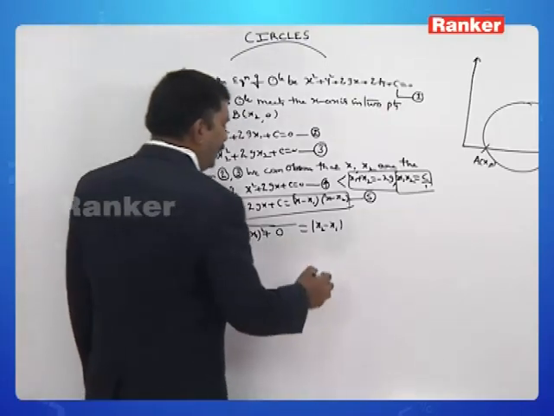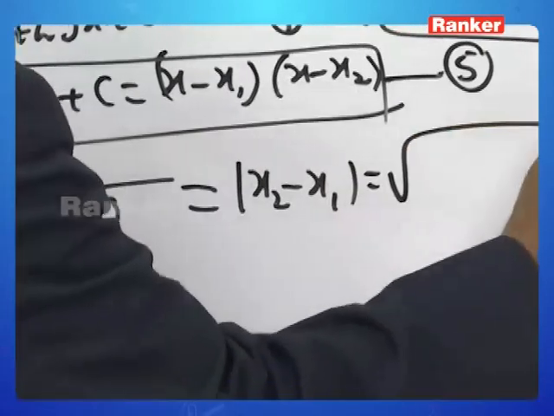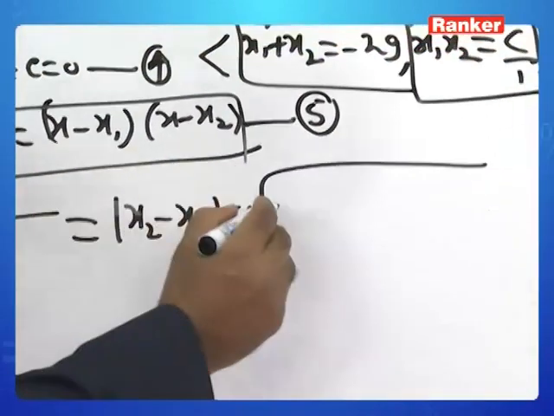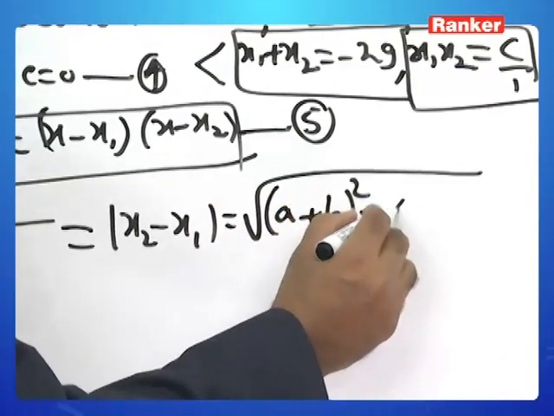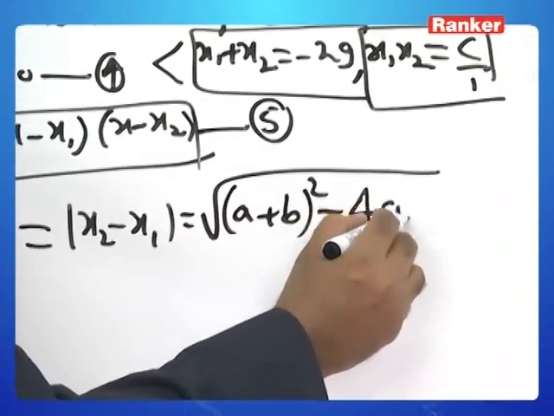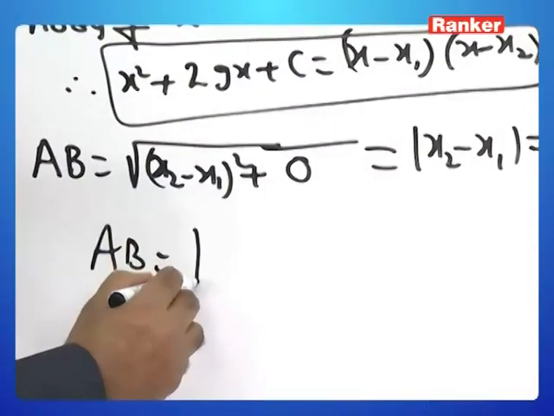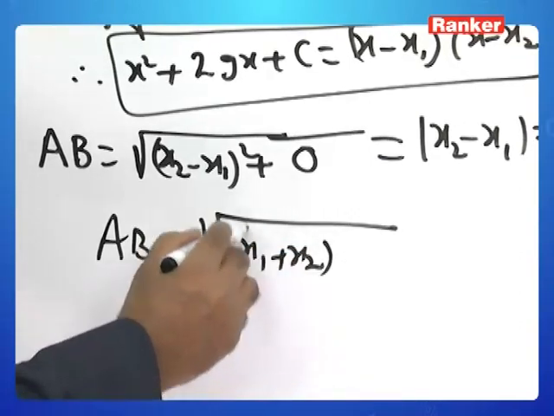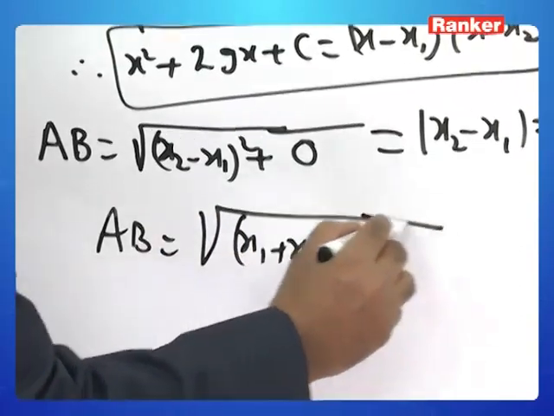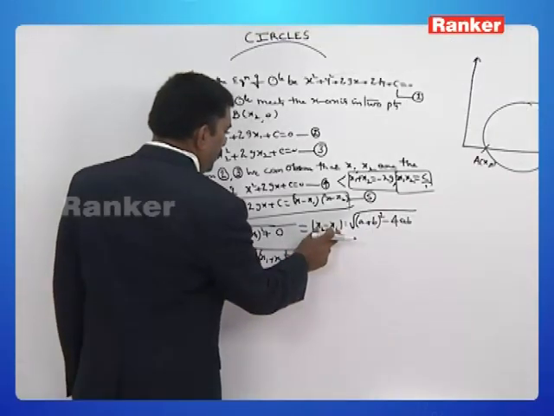So this AB, that is a minus b, can be written as square root of a plus b whole square minus 4ab. So AB is equal to square root of x1 plus x2 whole square minus 4 x1 x2.